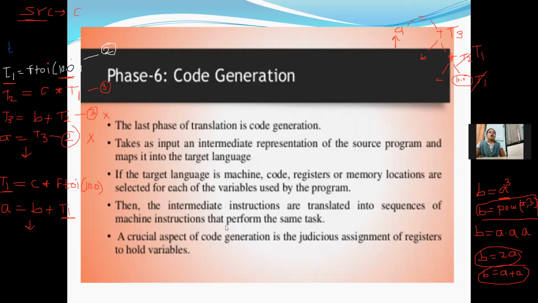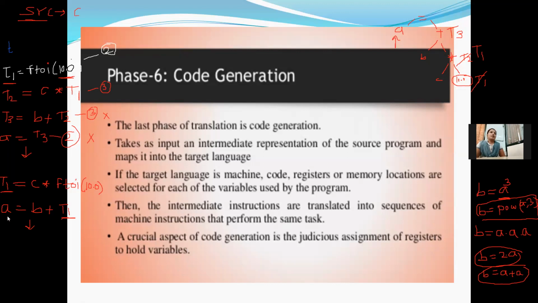So how to generate good final code? It depends upon the assignment of registers to hold the variables. So how efficiently we are handling the registers will decide the good final code, that is good target code. So efficient handling of registers, that is assignment of the variables to the registers, should be handled efficiently to get good target code as output.